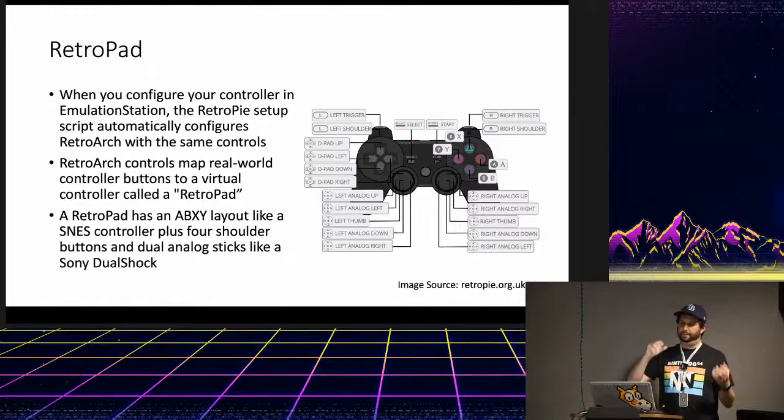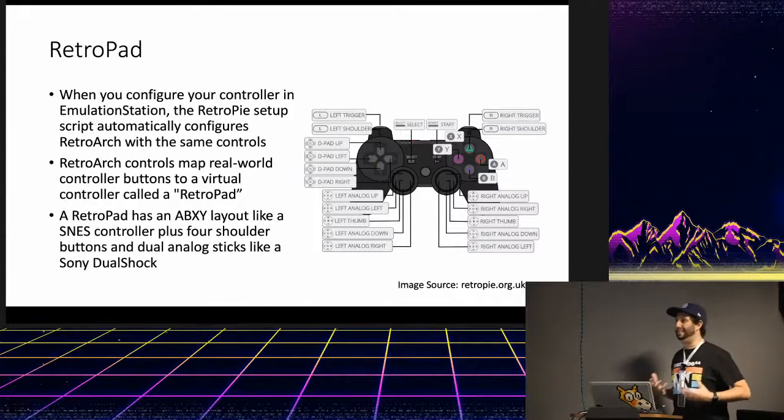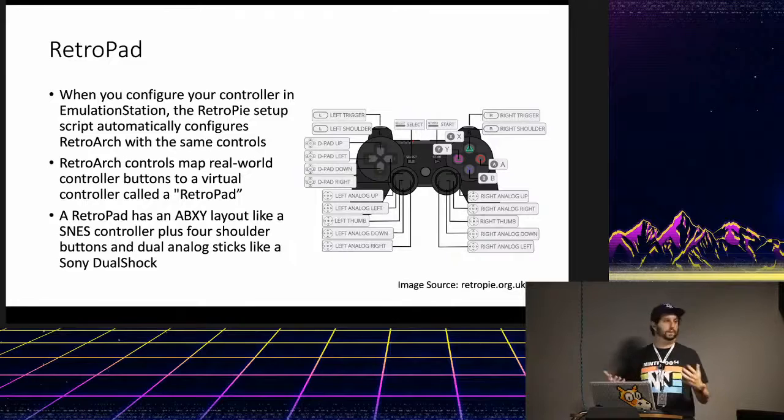This allows us to use one controller and map it virtually to all these other systems. Again, there's a lot of technicalities going on behind the scenes here, but know that there's stacks of software suites making this as simple and as easy as possible for the average user to get up and play.